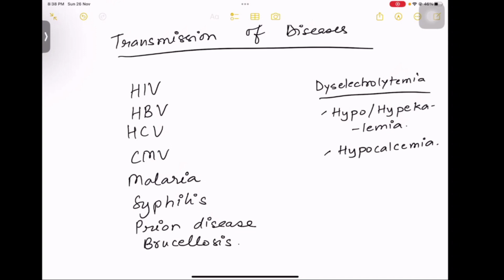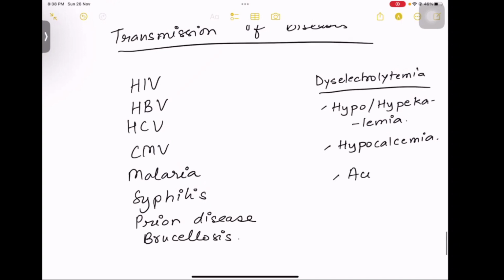Apart from calcium and potassium abnormalities, acidosis can also be presented in the patients of blood transfusion as a complication. One thing that we should remember in mind that in case of massive blood transfusion, usually the patients present with hypothermia.